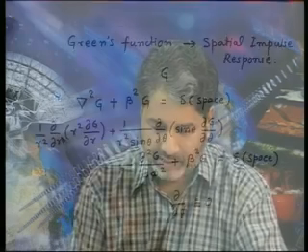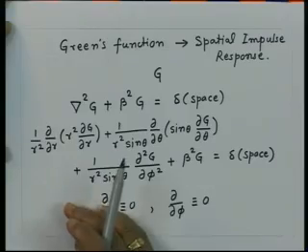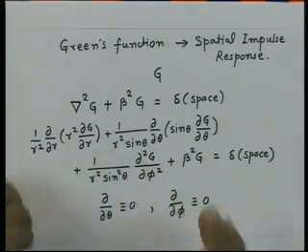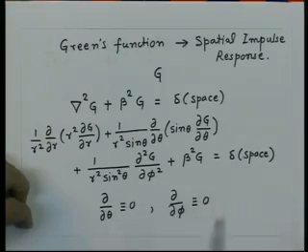Note here that the partial derivatives have now been converted to full derivatives, because g is only a function of r. It does not depend upon theta and phi, because this is a spherically symmetric case for a delta function located at the origin.